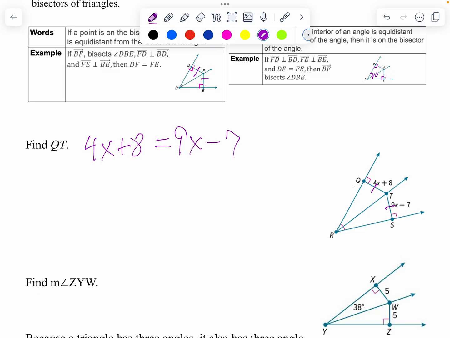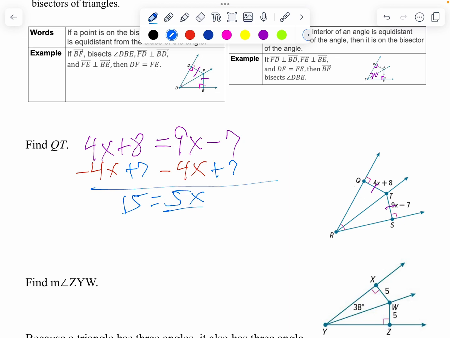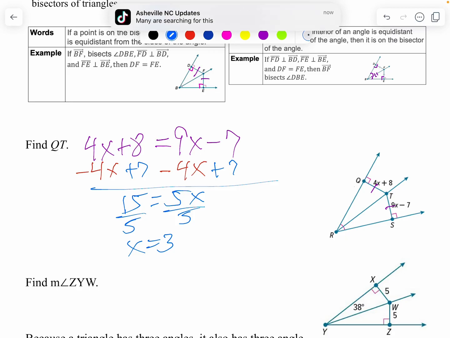And now we'll just do the algebra to solve that. Let's subtract 4x from both sides. I'd like to subtract the smaller one. At the same time, let's add 7 to both sides. So 15 equals 5x. Divide by 5, and x is 3. But I want to find QT.